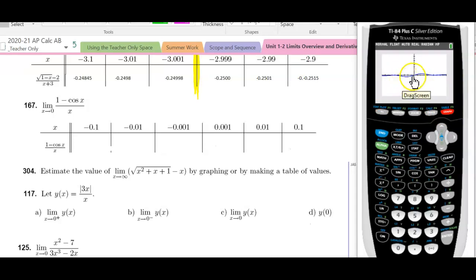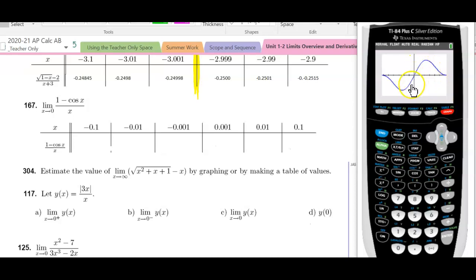It looks like as we're approaching 0 from the left and as we're approaching 0 from the right, we do reach a limit. I'm going to zoom in a little bit closer to see. For this zoomed in look, I'm going from -2π to +2π on my x-axis, and then just from -1 to +1 on my y-axis.